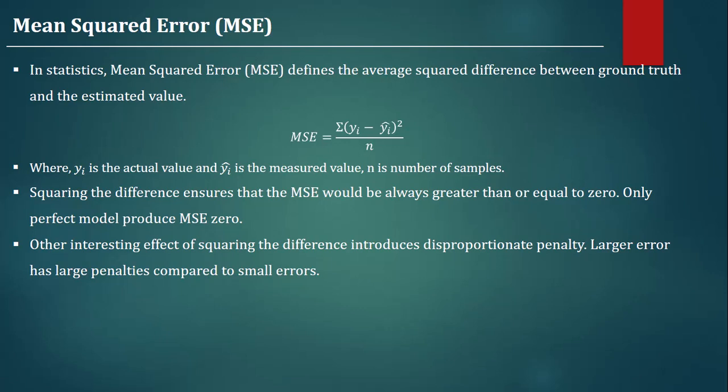Next is mean squared error. As the name suggests, we are taking the mean of the squared error, and error is nothing but the deviation of the predicted value from the actual value. So yi is the actual class label of the ith sample, and yi hat is the predicted class label of the ith sample. So this is the actual minus the predicted value.